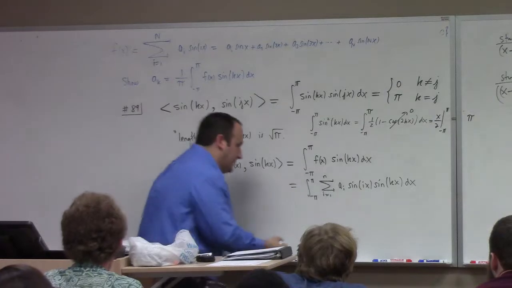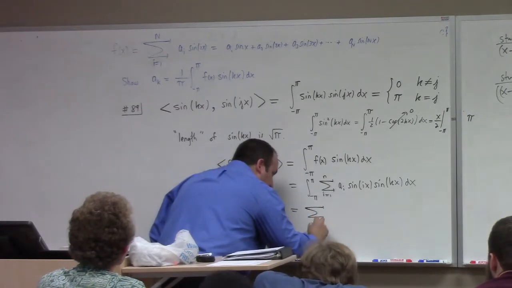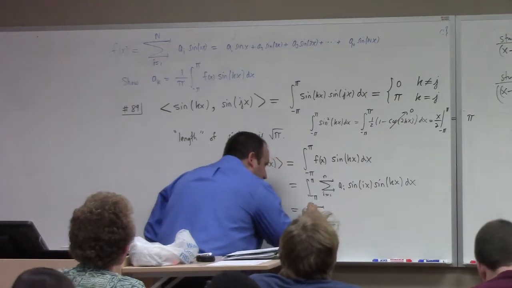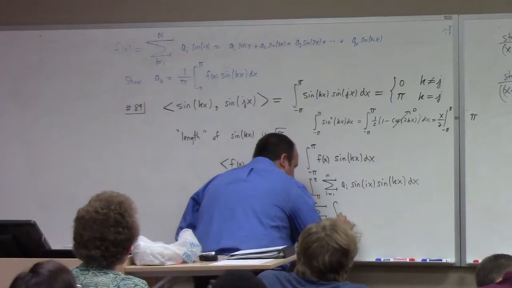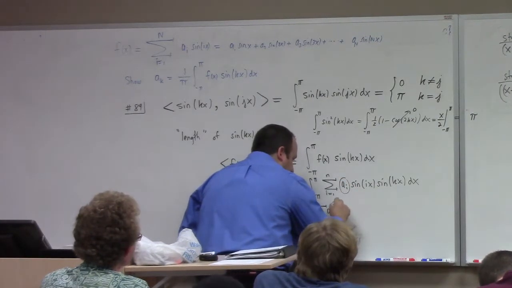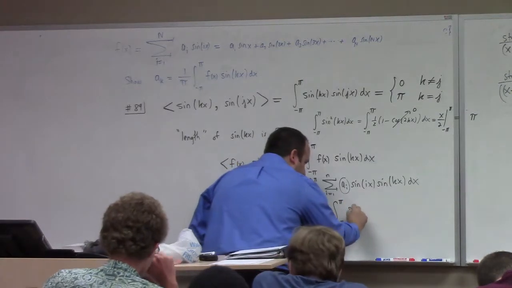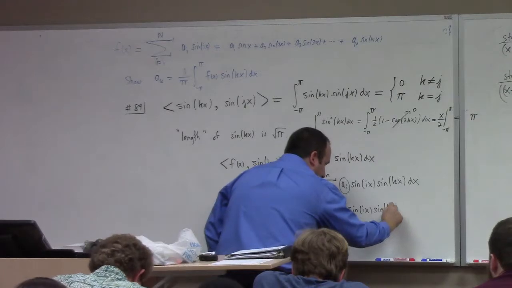But the integral is linear, right? So we can pull the sum out. The integral of the sum is the sum of the integrals. And this is a constant, so I can pull that out. So I have the integral from minus pi to pi of sine of ix times the sine of kx dx.